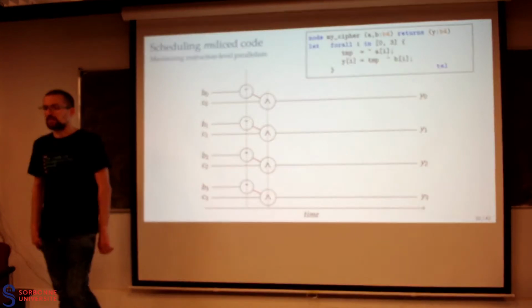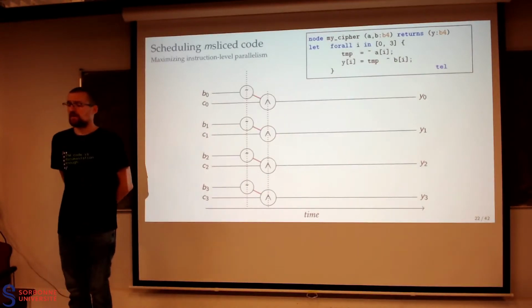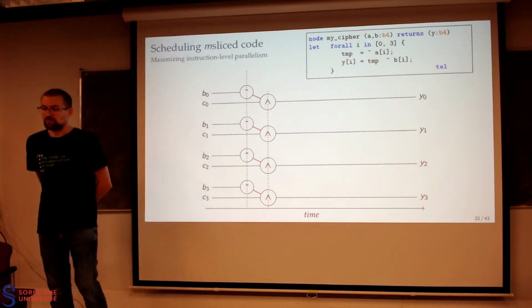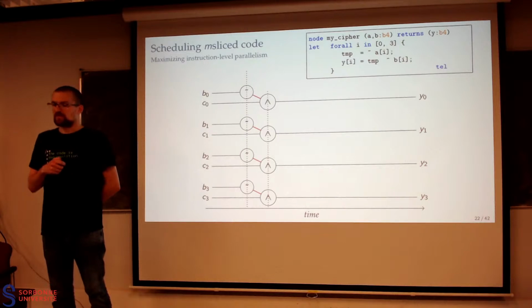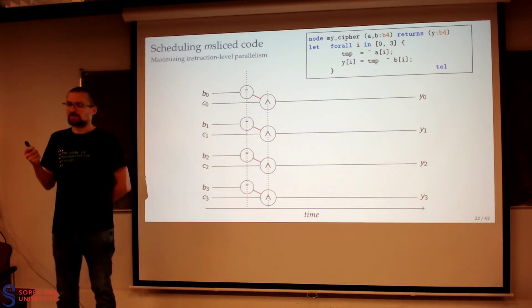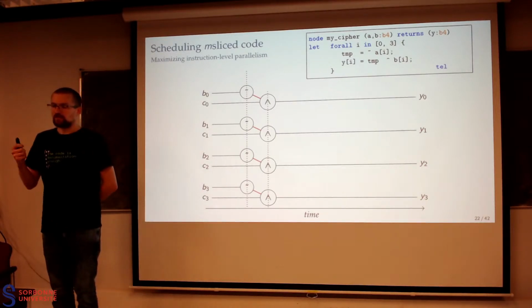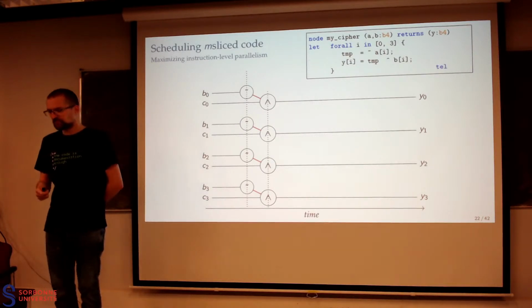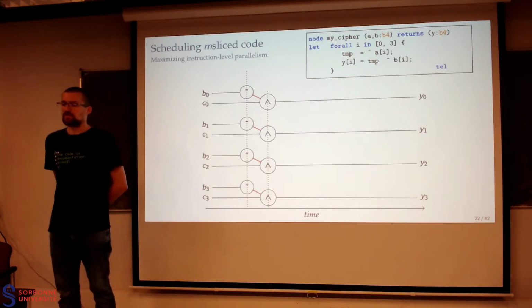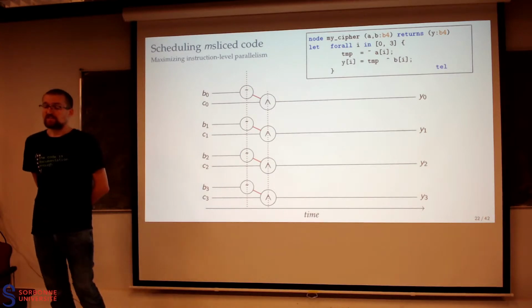So what our algorithm does is that we unroll the loop, and then the operations with no dependencies are scheduled together and can thus be executed during the same cycle. So here, the 4 NOTs would be scheduled first and can be computed in a single cycle, and then the 4 XORs are scheduled together and can be executed in the same cycle. So overall, it will reduce the execution time of that node from 8 cycles to 2 cycles.